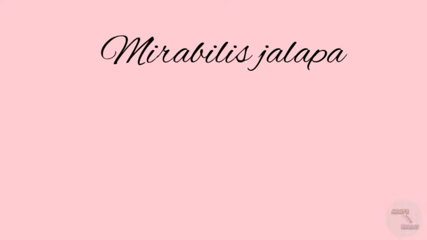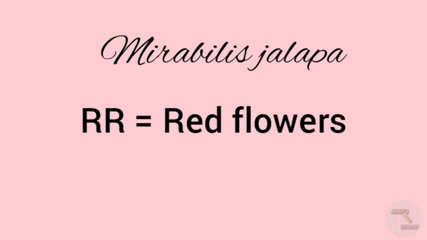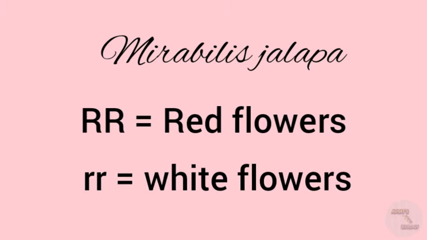In the plant Mirabilis jalapa, or the plant which is known as 4 o'clock, the partially dominant allele R produces red flowers in the homozygous state, while its recessive allele r produces white flowers when it is in the homozygous state.